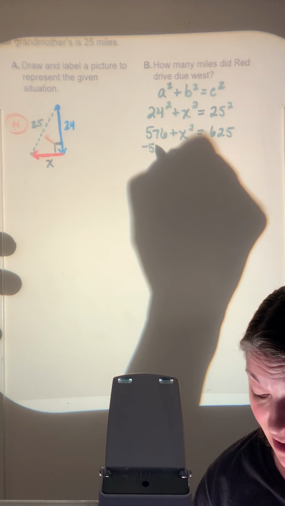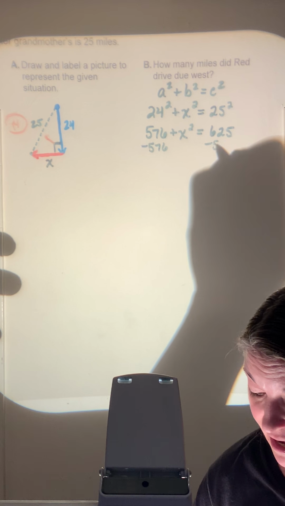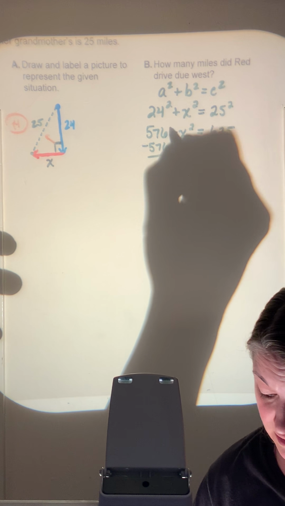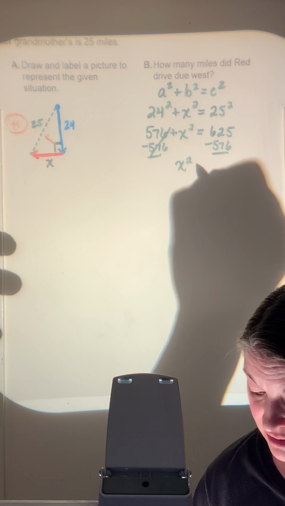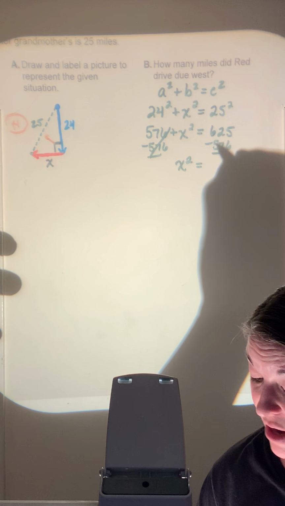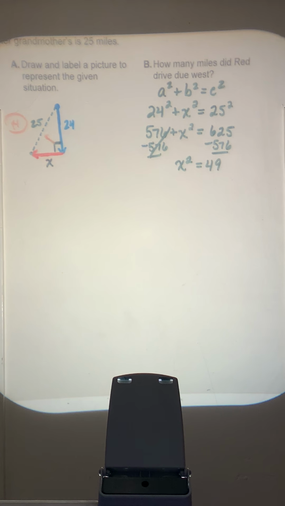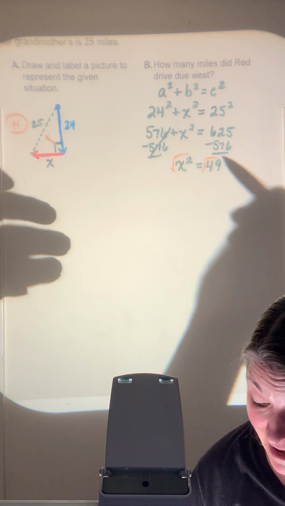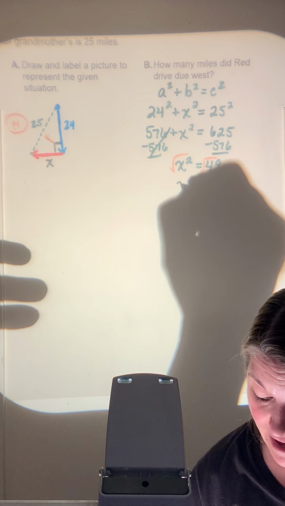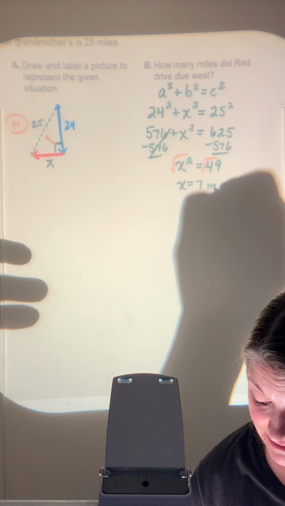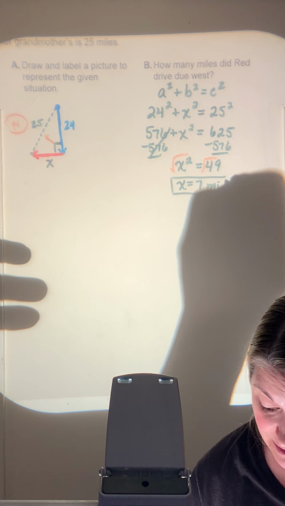So we're going to want to subtract 576 from both sides. When we go ahead and subtract these numbers, we should get 49. And when we square root both sides, that will give us 7 miles.